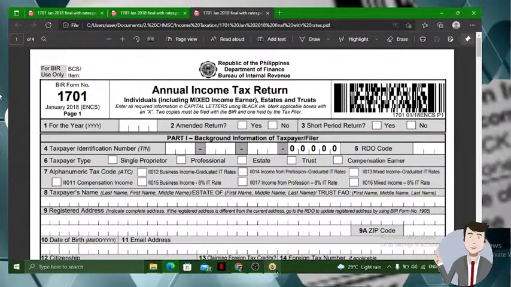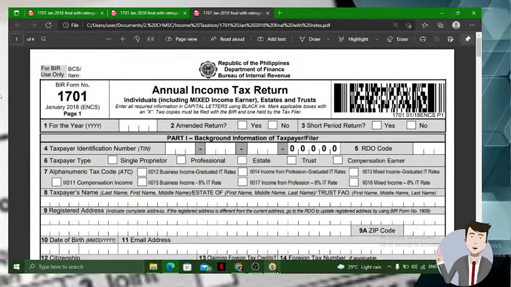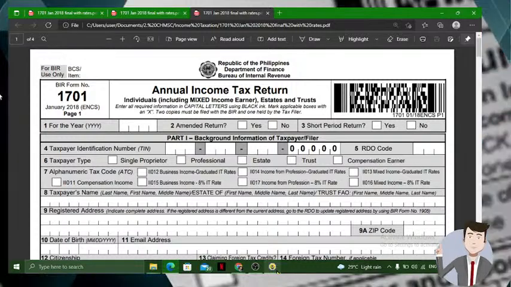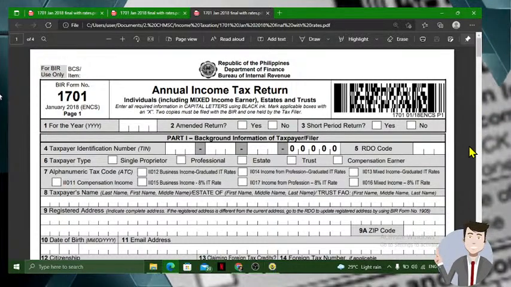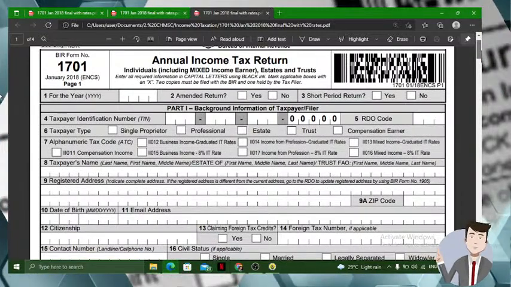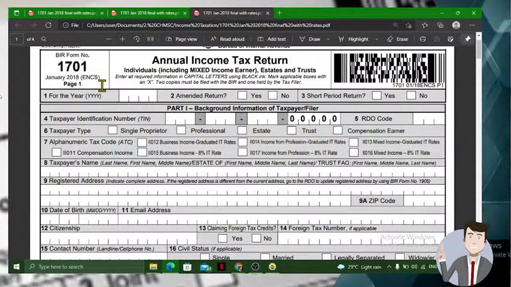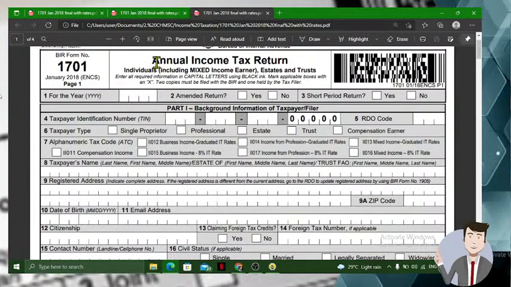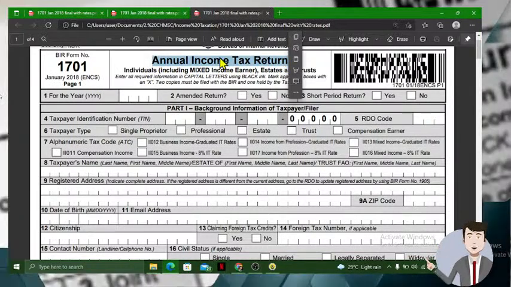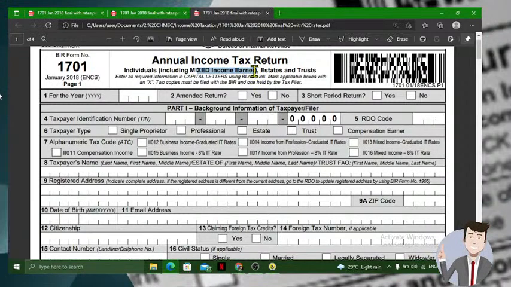You have two options with regards to the filing of BIR Form 1701 or any other BIR return. Okay? So let's discuss BIR Form 1701. This return is downloaded on the website of the BIR. BIR Form 1701 is known as the Annual Income Tax Return for individuals, including mixed income earners, based on our discussion.